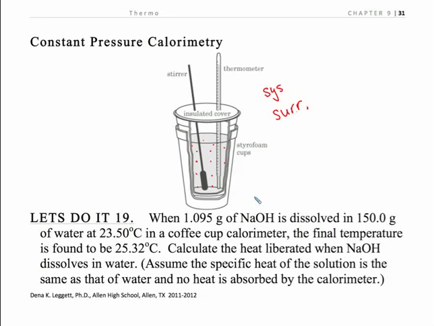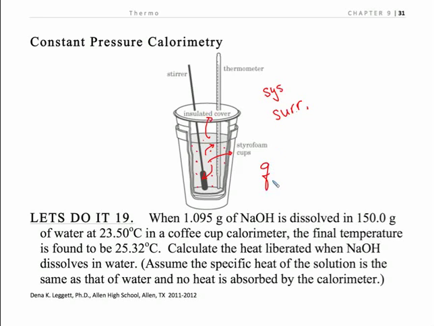The system is the place at which the bonds are being broken and new bonds are being formed. And the surroundings can be the bulk solution and the calorimeter itself. Each and every component of the calorimeter has potential to absorb heat.